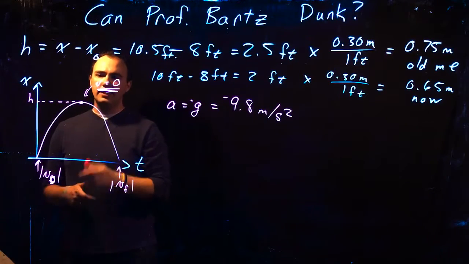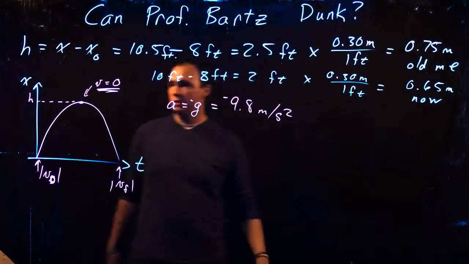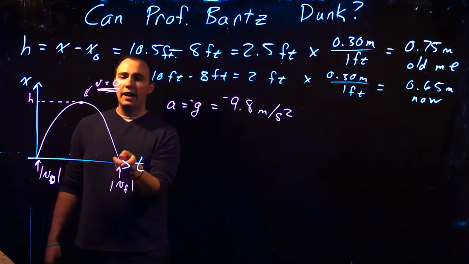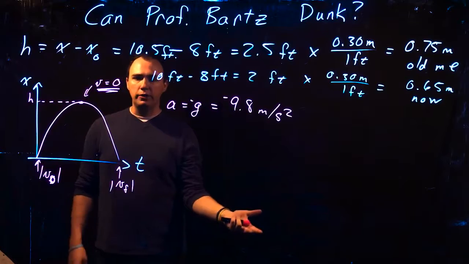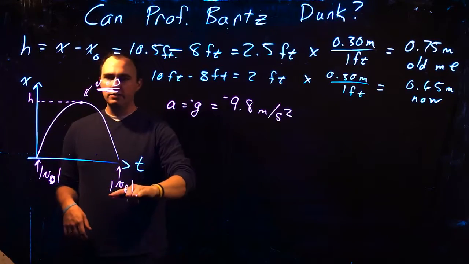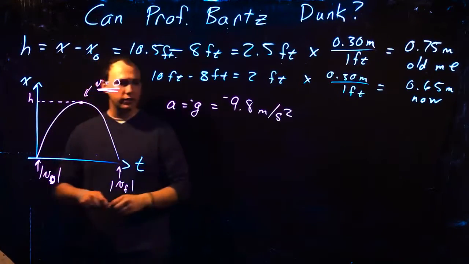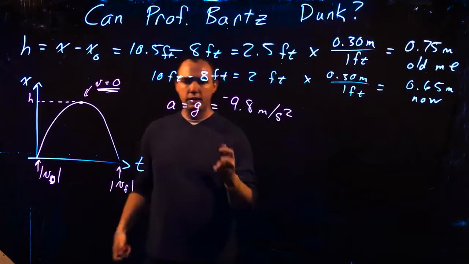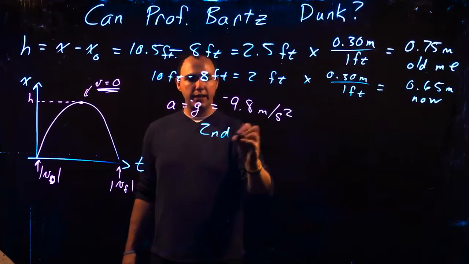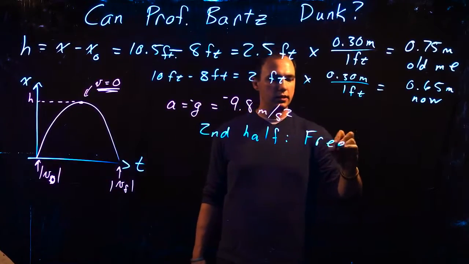So from there, I can say, okay, how long does it take to fall 75 centimeters, 0.75 meters? And then, how fast do you get going if you free fall for that amount of time? That'll give me this velocity, which then gives me that velocity. Okay, so that's our plan. Second half, free fall.